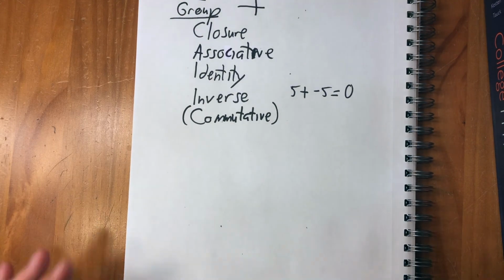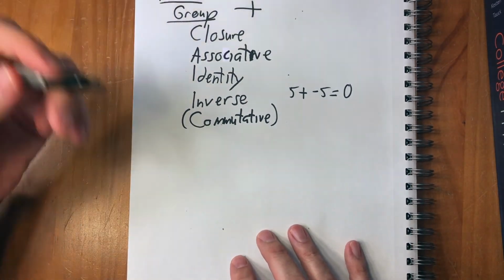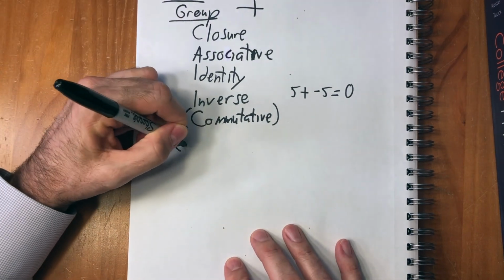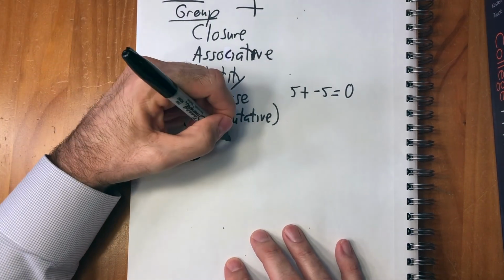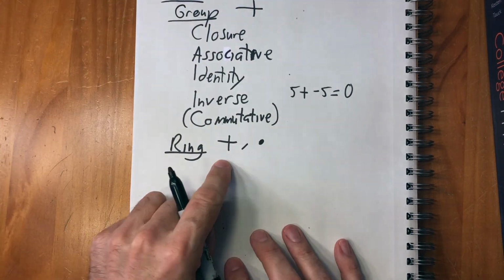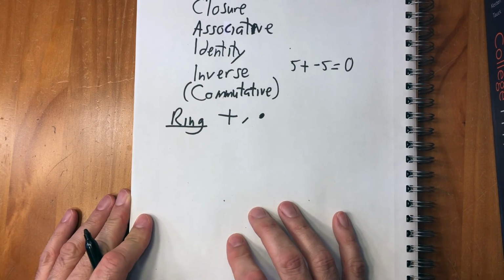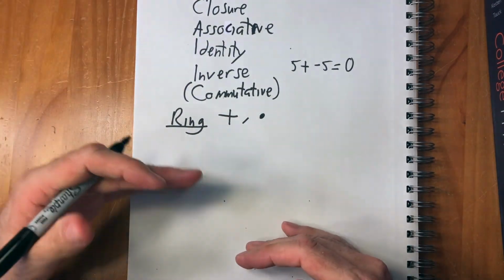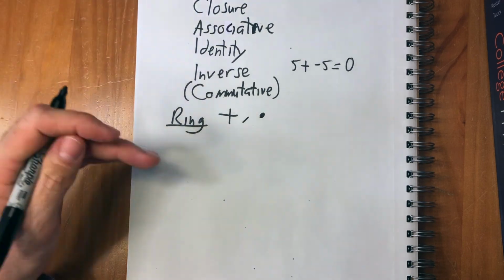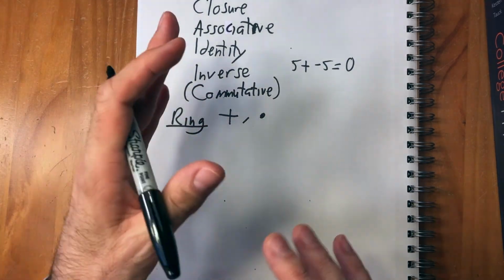So a ring adds an additional binary operation to the set. So rings have two operations, which are usually called addition and multiplication. And a ring is sort of an intermediate. It's not as much structure as a field, but it just adds the multiplication in the sort of least way possible.